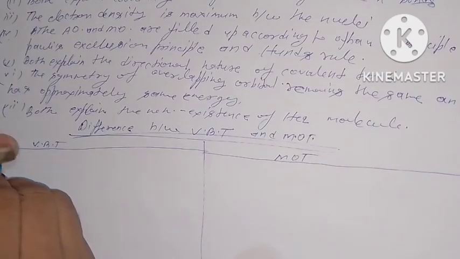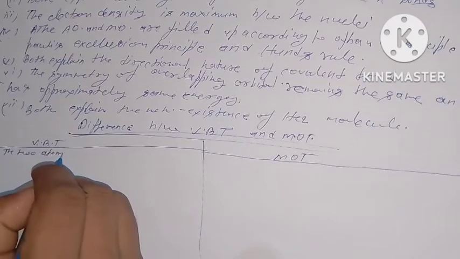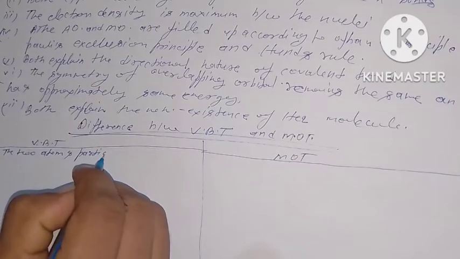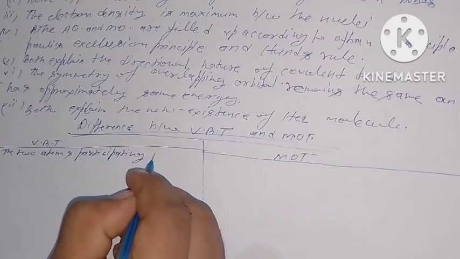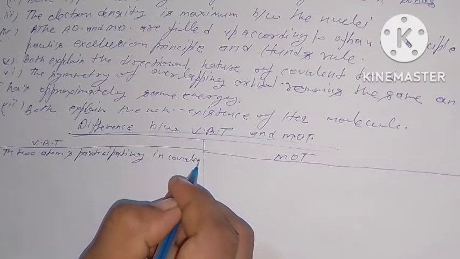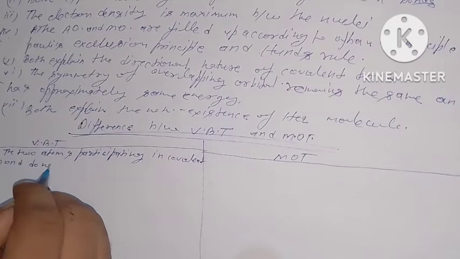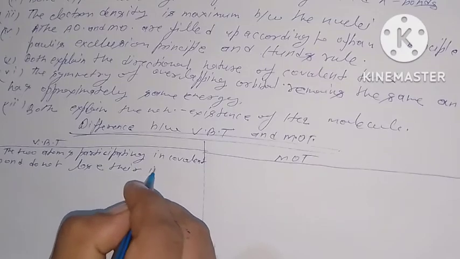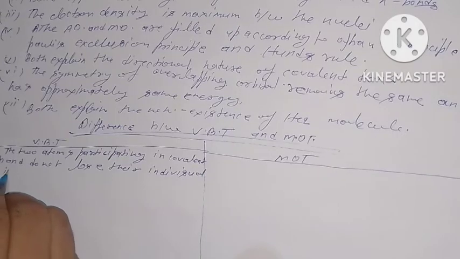In valence bond theory, the two atoms participating in a covalent bond do not lose their individual identities.